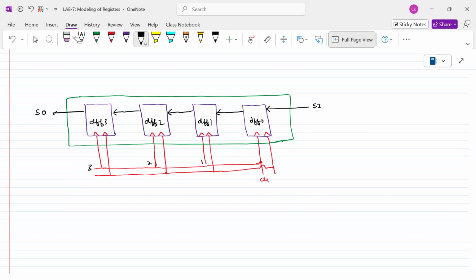This is called serial in, serial out, shift left operation. We start from the right side and we end at the left side. That's why it is a shift left operation.